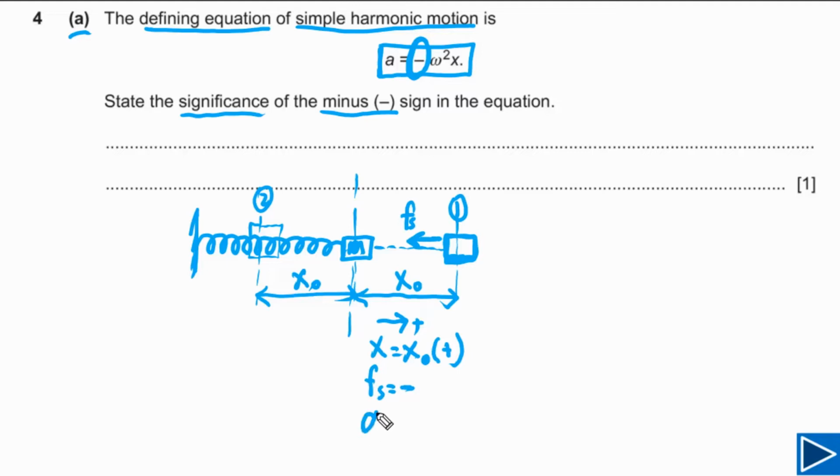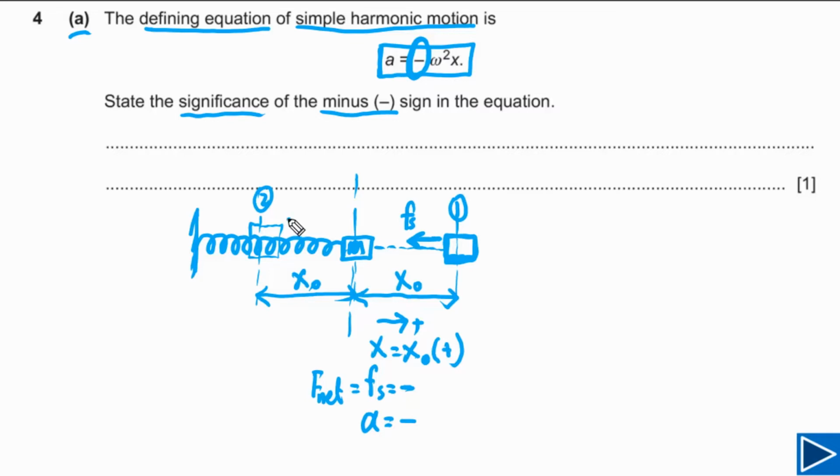If the force is negative, it also means that acceleration is negative, because this force is also the resultant force acting on the mass. Resultant force and acceleration always have the same direction. Now from here you can see that when a is negative, x is positive.